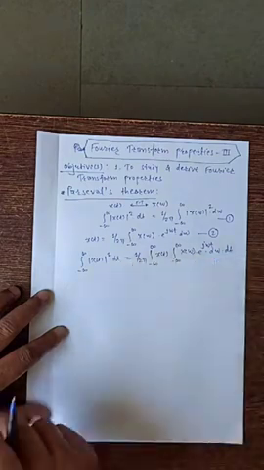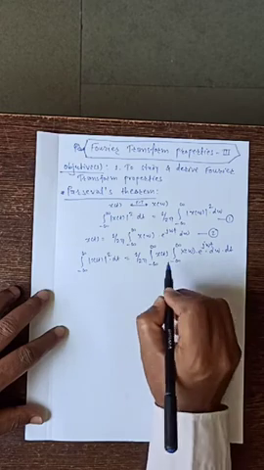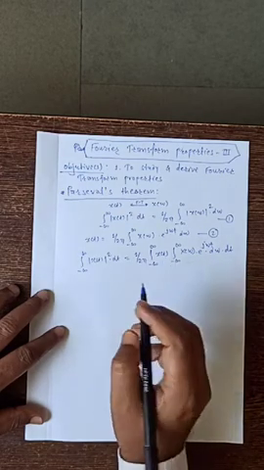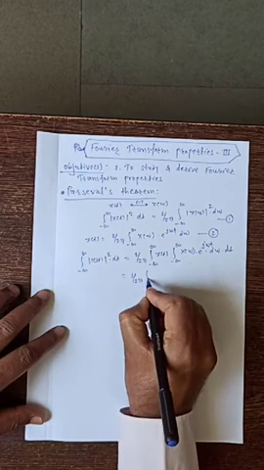So in place of one x(t) we have put this value, and the other x(t) is written as it is. So that is equal to 1 over 2 pi integration.